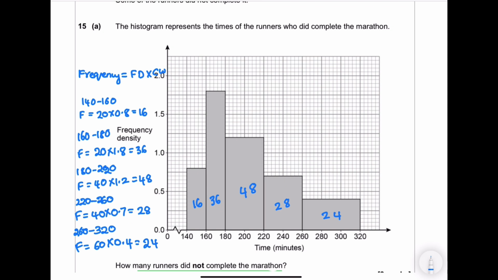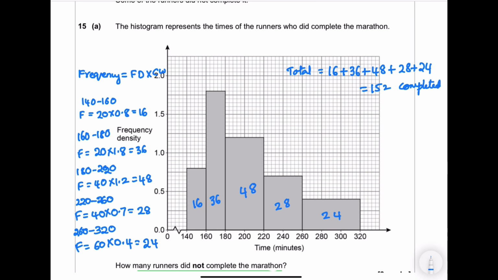So let's find out how many completed the marathon, the total of these frequencies. Add all these frequencies from each bar: 16, add 36, add 48, add 28, add 24. Which is 152. 152 of them completed the marathon.